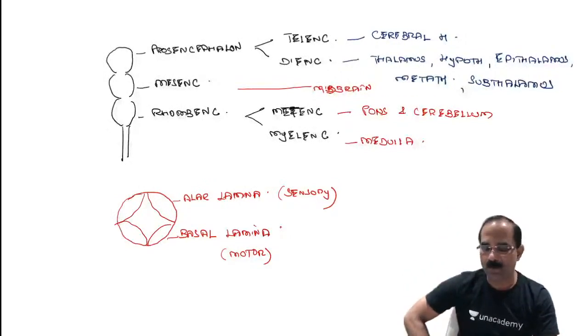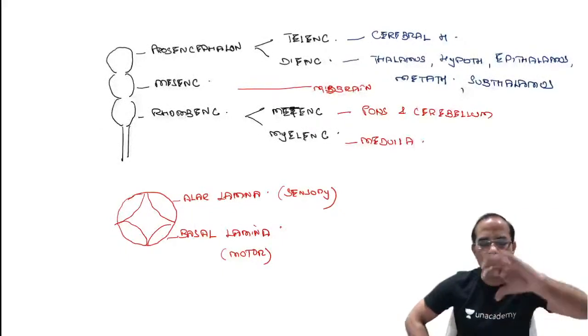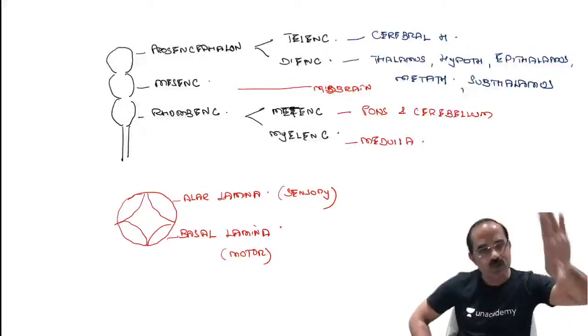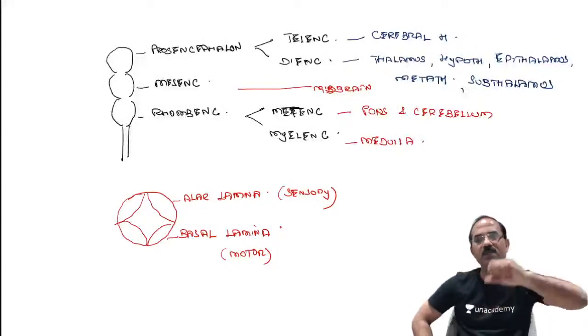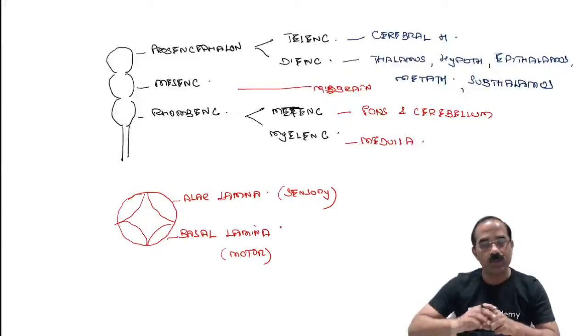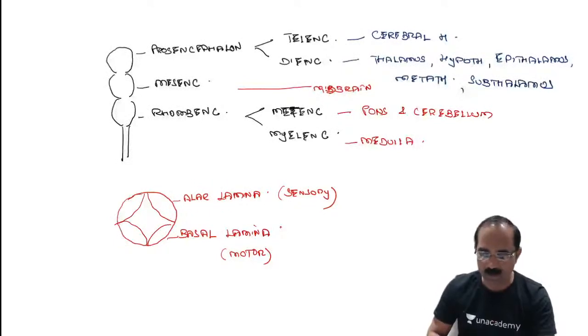Are you following this? That's how you have to understand this. Remember one thing: alar lamina, basal lamina. Alar lamina forms the sensory part, basal lamina forms the motor part. So any sensory neurons and sensory input will be derived from alar lamina, and all the motor part would be derived from basal lamina.